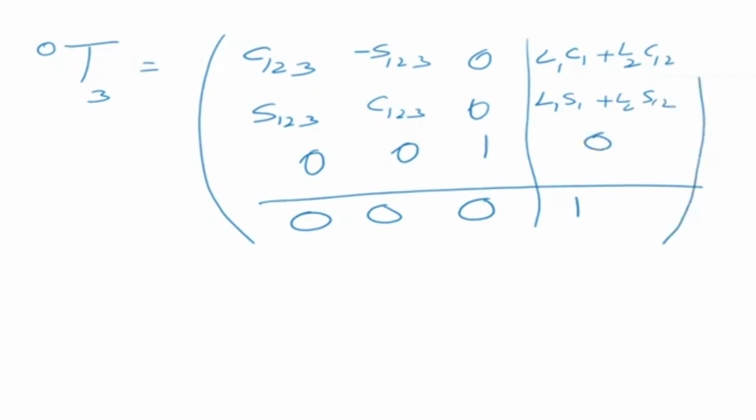That's my matrix. You can verify it. Cos 123 means cos of theta 1 plus theta 2 plus theta 3. So this gives us the relation between the third axis and the 0 reference axis.